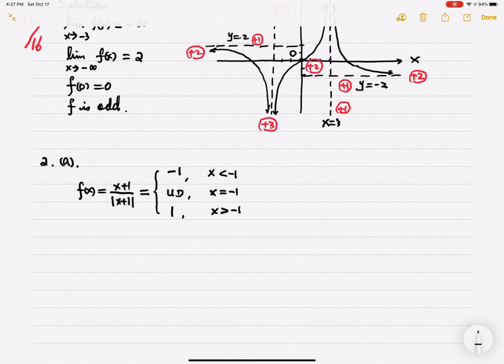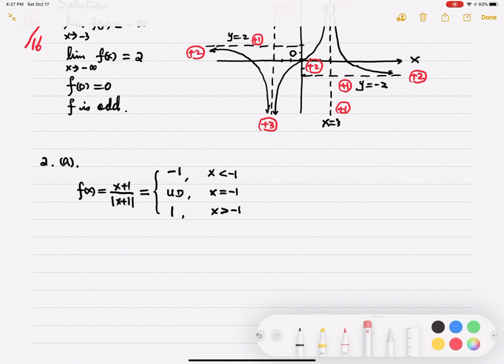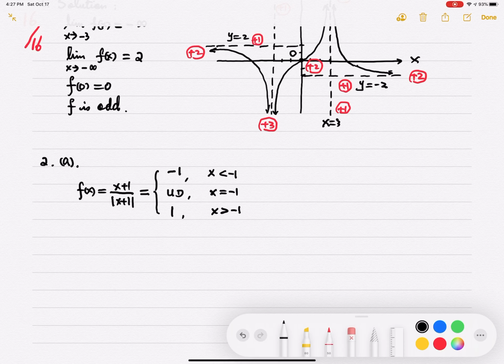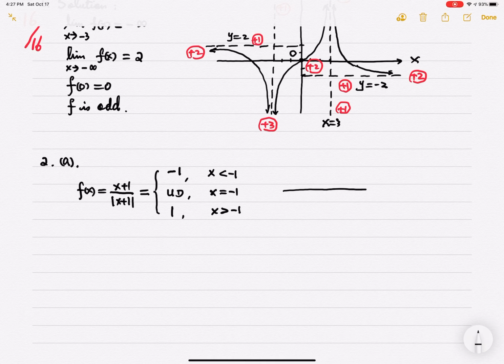Okay, so when we draw the graph, the graph looks like this. The x-axis, the y-axis. Now, suppose here is -1, and here is +1, here is -1.